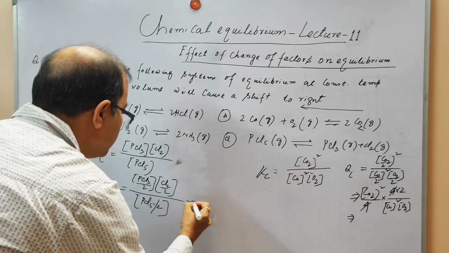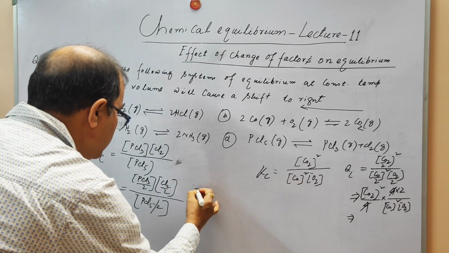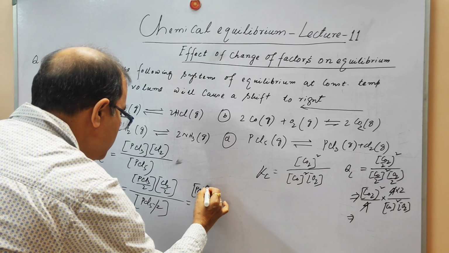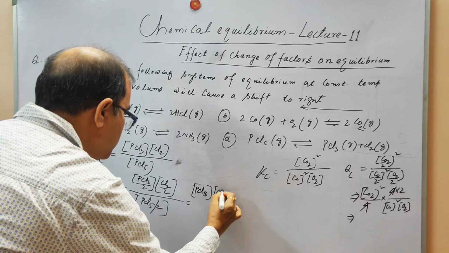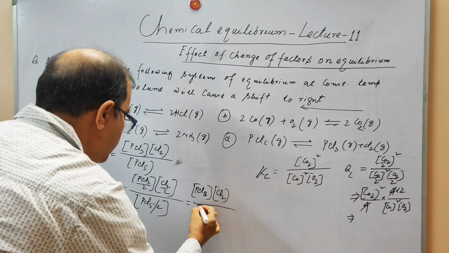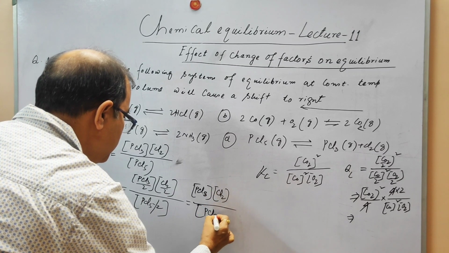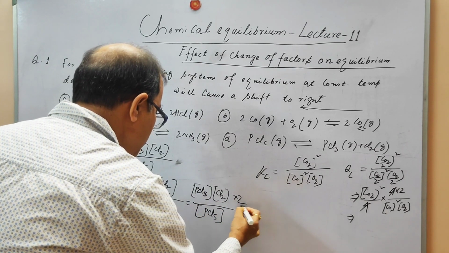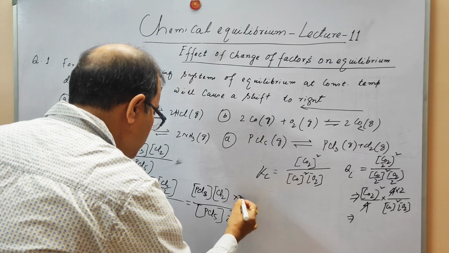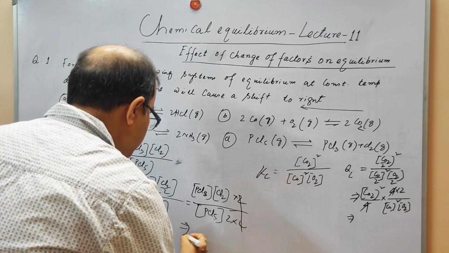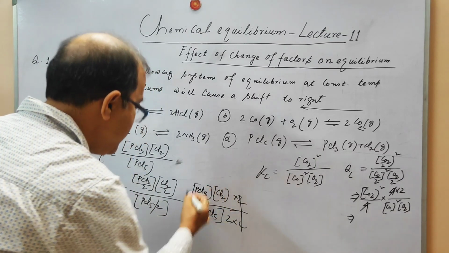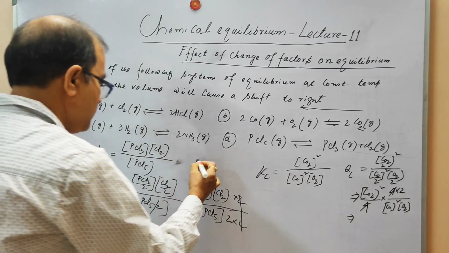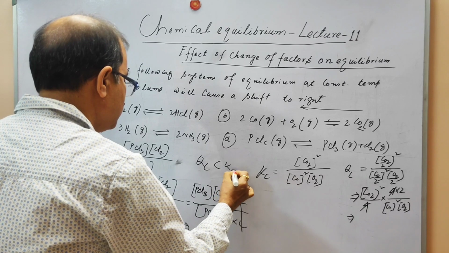So you get the concentrations, and you can see this is 2 into 2, means half. Means Qc is less than Kc. You can write Qc is less than Kc.